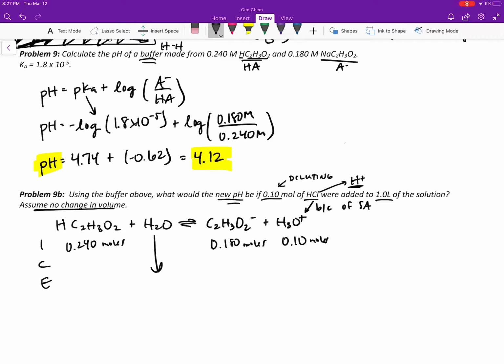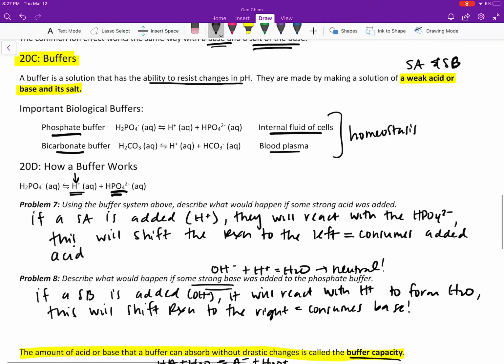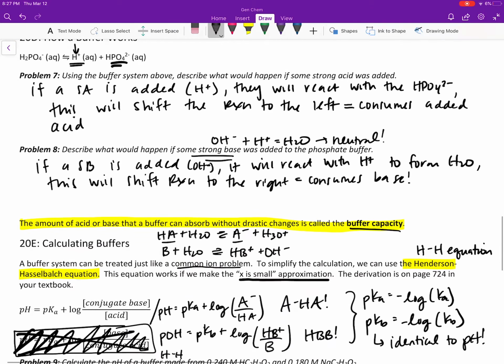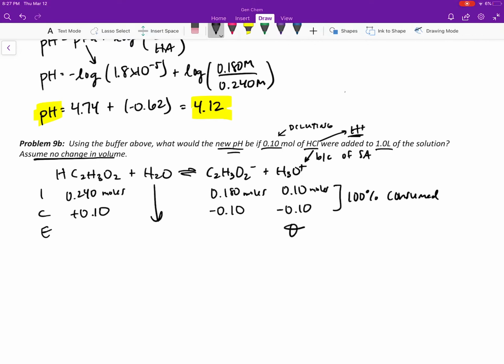Now, when I add something on the right, as we said before, adding a strong acid will react with the salt on the other side, the conjugate base, which is going to shift the reaction to the left by that same factor. We know that it's going to be 100% consumed, because that's what it means to be a buffer, leaving me with none at the end once equilibrium is reached.